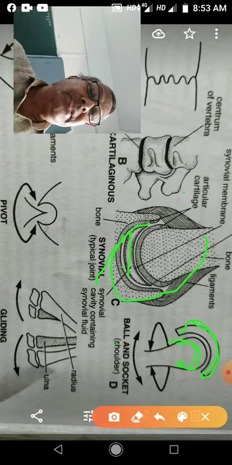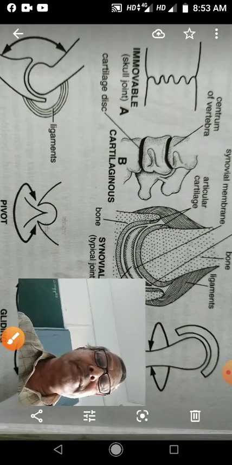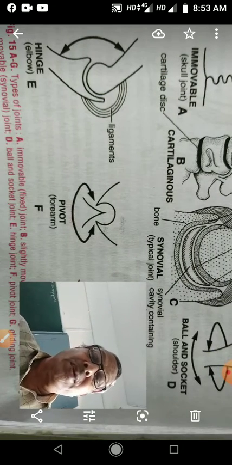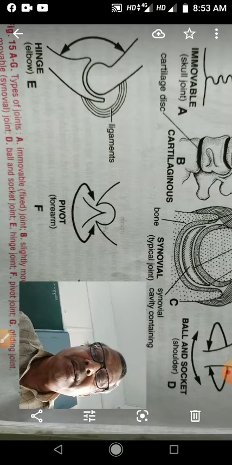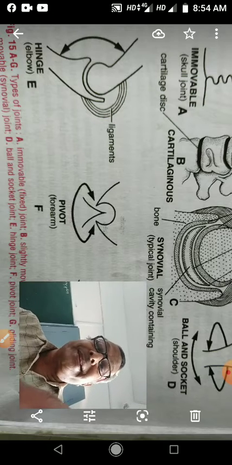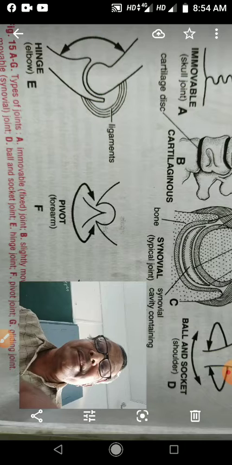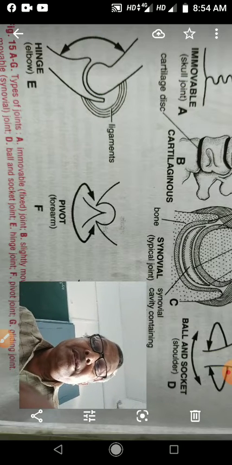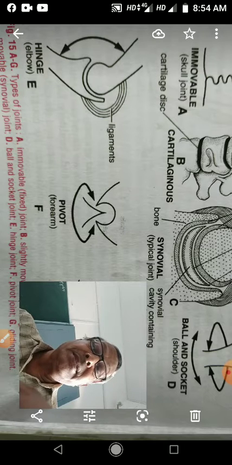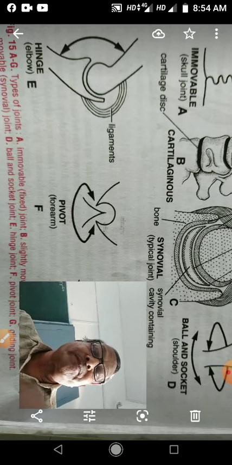Next is the hinge joint. In the hinge joint, movement is allowed only in one direction. So these joints allow restricted movement. Movement is only in one direction, in one plane. Examples of this joint are the elbow joint, knee joint, and finger joints.